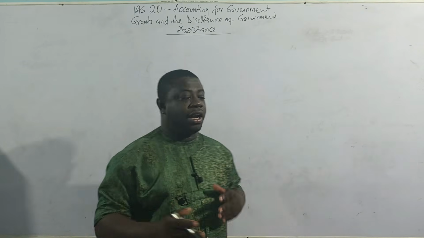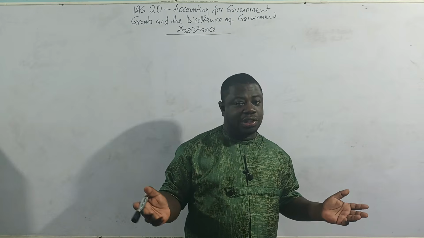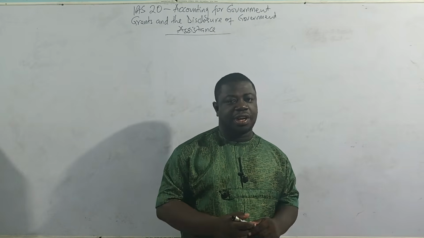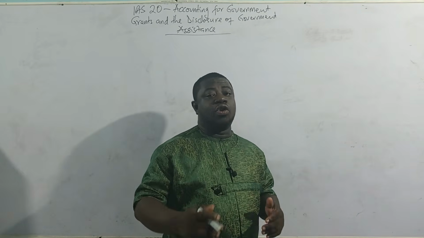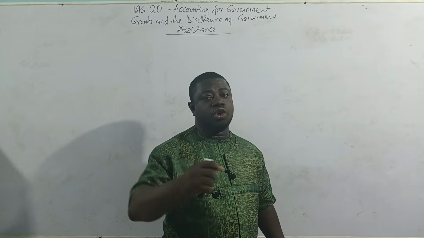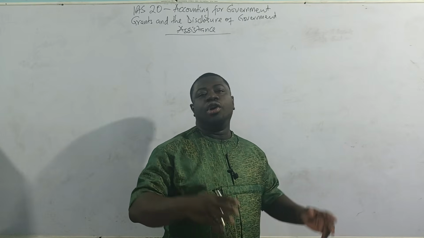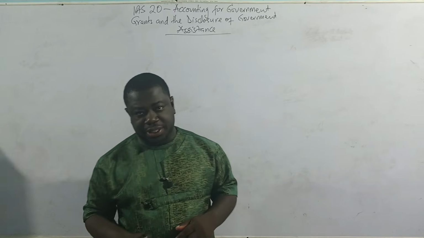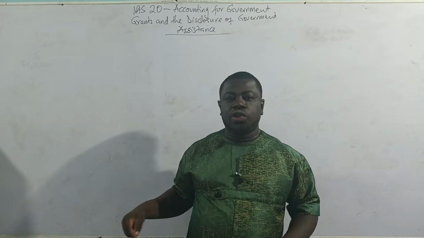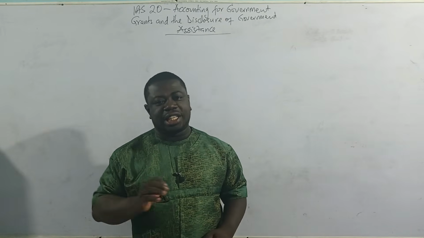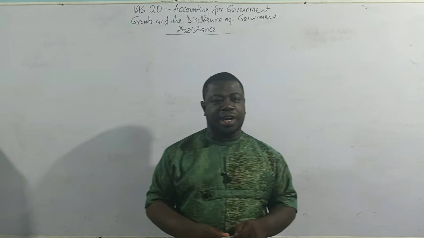You know that there are two alternative ways that you can present your balance sheet or statement of financial position. You can either go by the working capital method or you go by the total asset method. Whichever method you go with, you need to disclose that in the financial statement as part of the disclosure requirement of IAS 20.